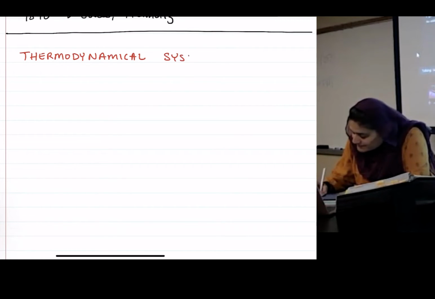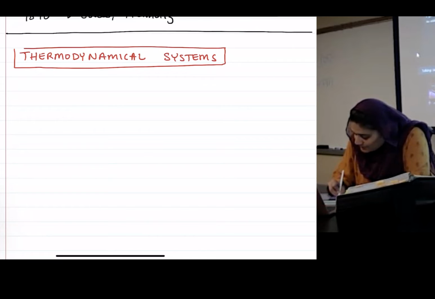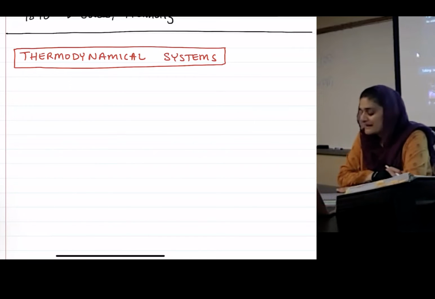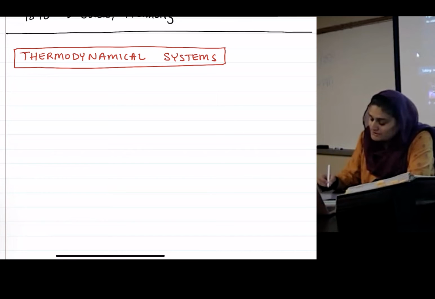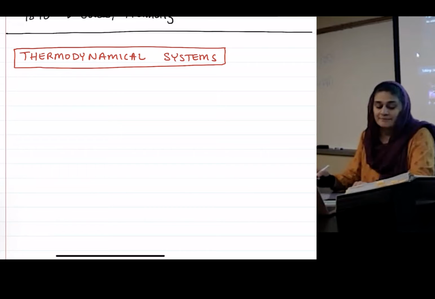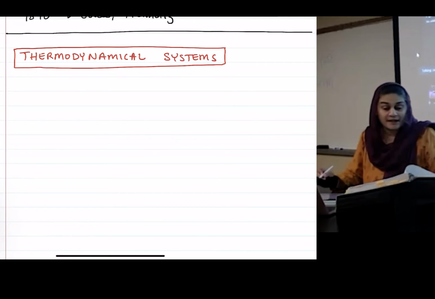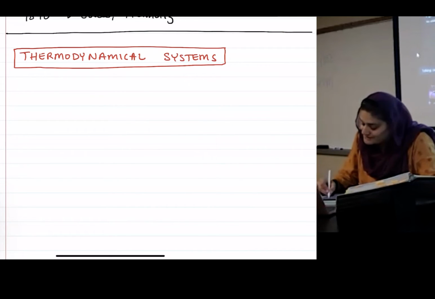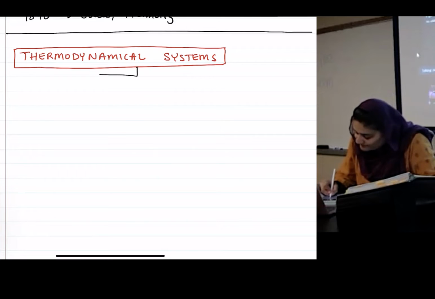We'll discuss this later as well, but I want to start off this discussion by defining what is a thermodynamical system. In order to define it, I'm going to divide this discussion into three parts.